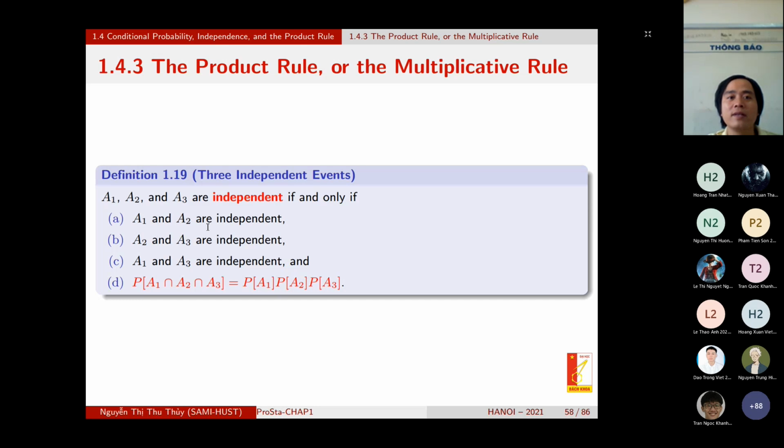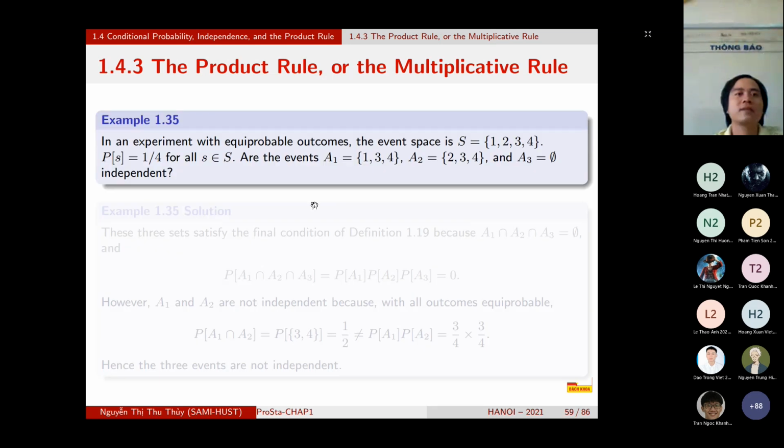So we see that we need not only the pairs, but we need the intersection of the three also. We consider at the same time the three events. Okay, so we take an example, 1.35.